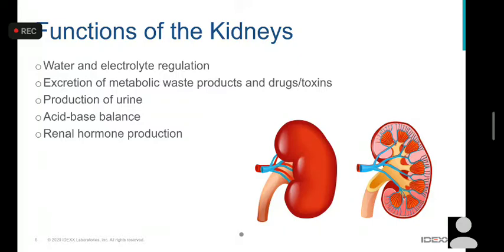They are producing urine, but they're also retaining water and electrolytes, and regulating the homeostasis of the electrolytes. But they're also extremely important in acid-base balance and also renal hormone production. So they're doing a lot of things in one go.